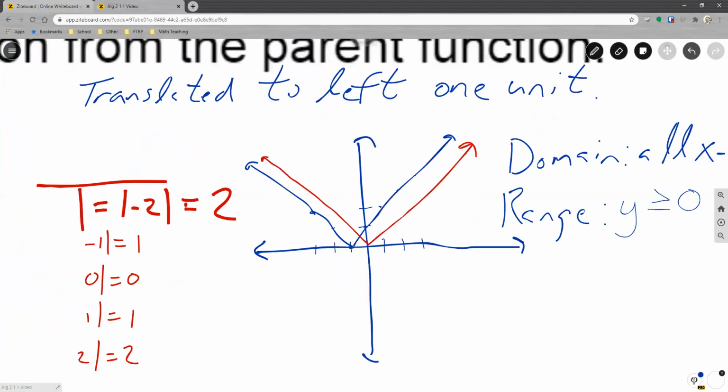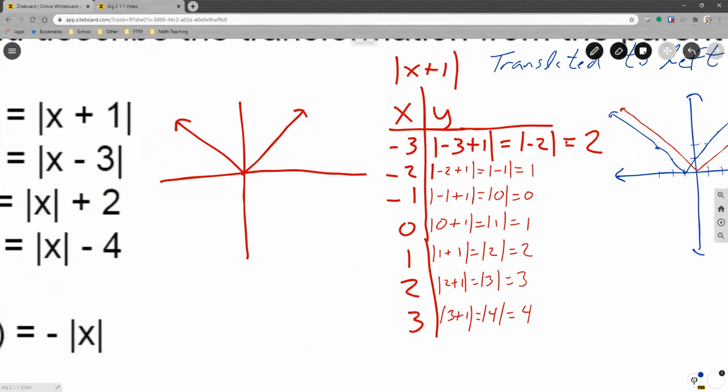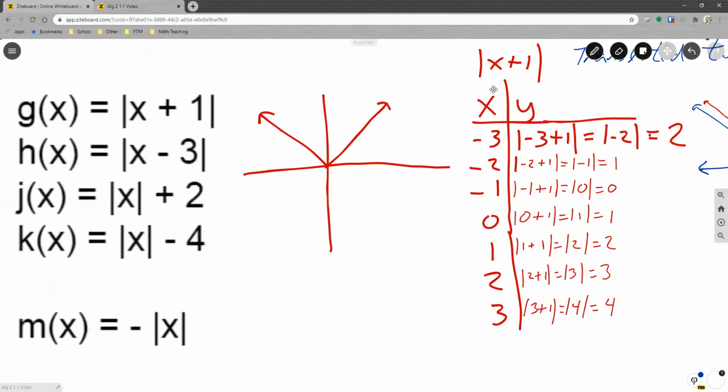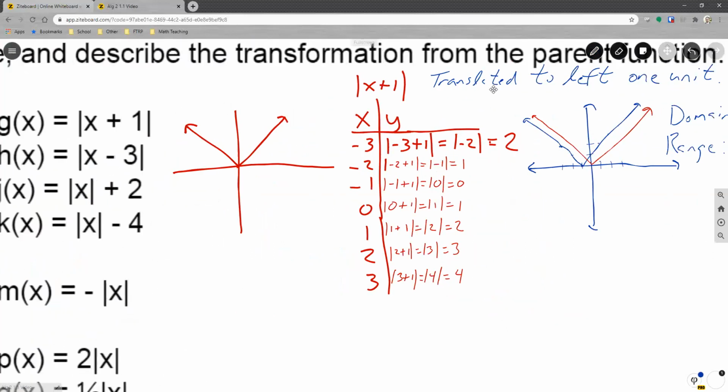And there we go. I know that was a lot of work for this first function, g of x, but making the chart helps us determine what is going on in the graph.